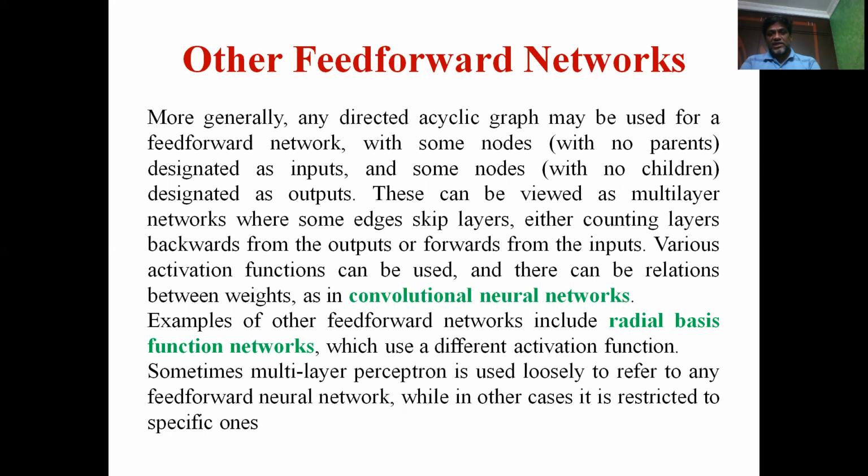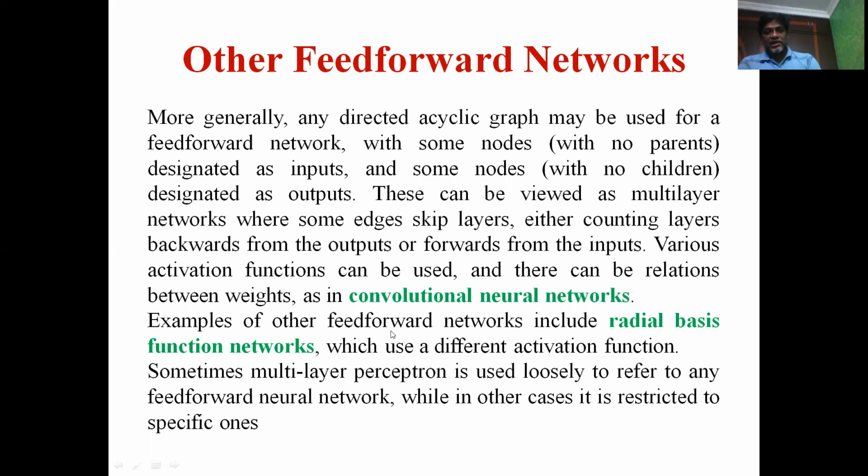Various activation functions can be used, and there can be relations between weights that form a special category of feed-forward neural network called a convolutional neural network. So this is also a special category of feed-forward neural network.